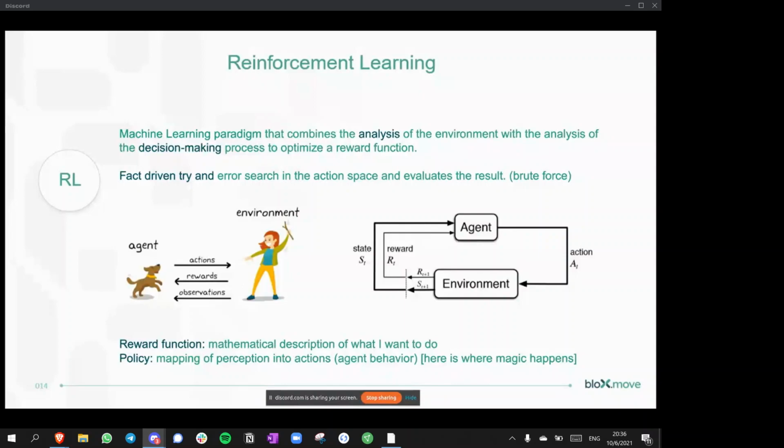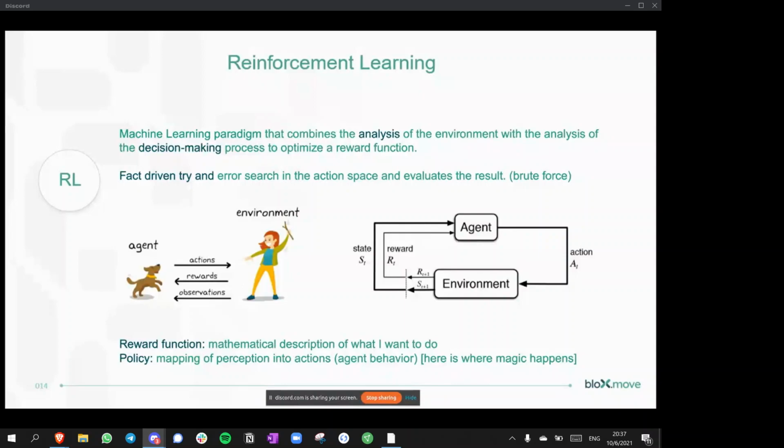At the right side, we have a little bit more formal description of the same problem. We have the agent that is acting over the environment, and after acting in this environment, he's able to observe what has happened and what has changed. This observation is represented here by the state, S_t, and also the reward function.